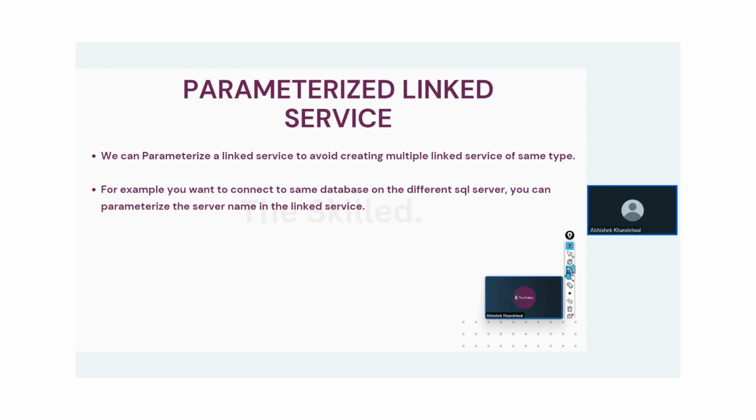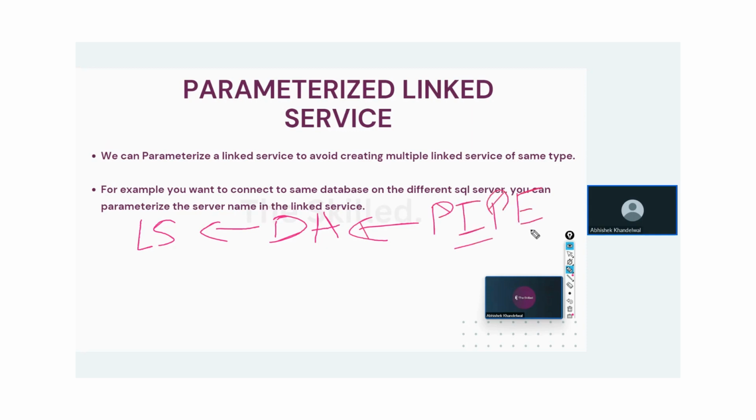In the same manner, the parameters are managed. For example, we have a linked service to which a dataset points, and this dataset is used in a pipeline. This is the hierarchy that is maintained.